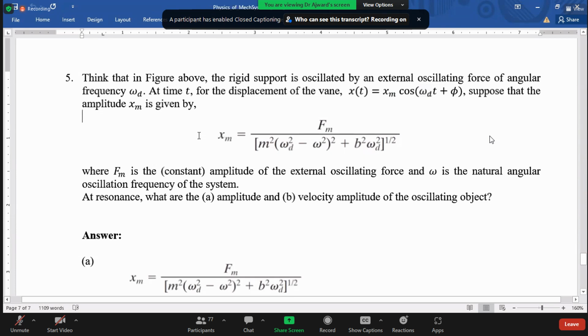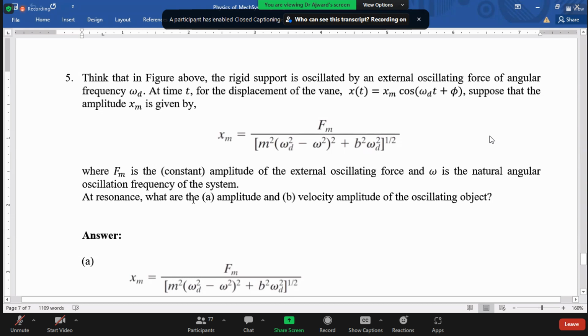Suppose the amplitude may be a complex function like this. So in this case, this is the function, where Fm is the constant amplitude of the external oscillating force and omega is the natural angular oscillation frequency of the system.